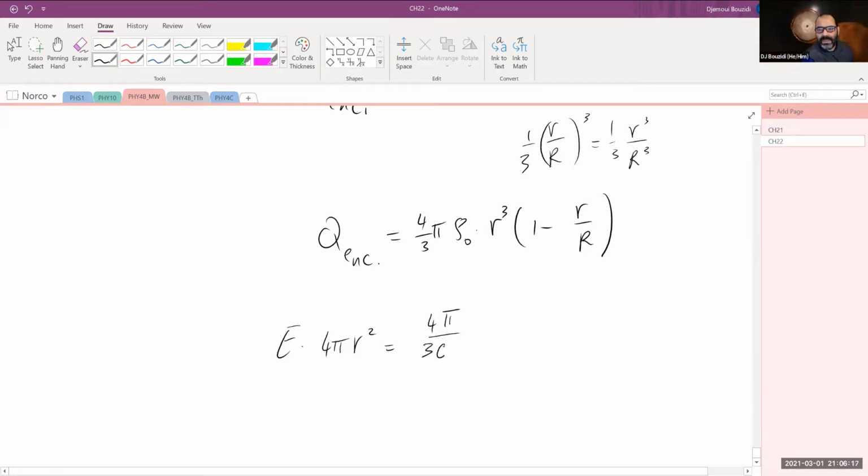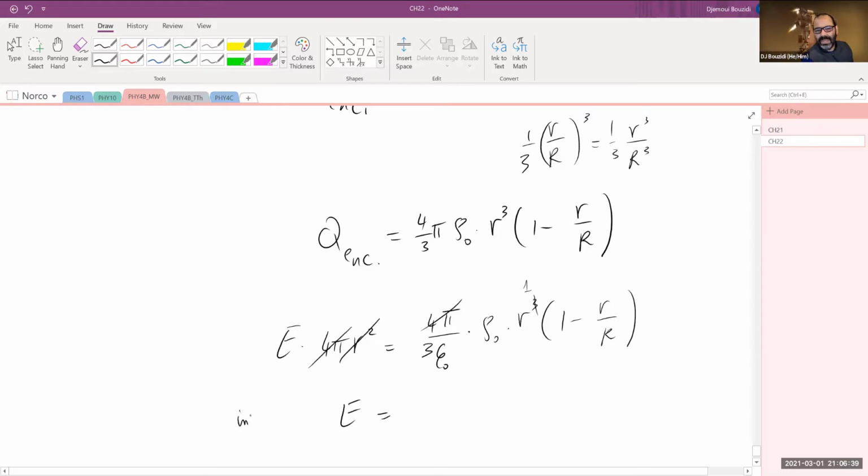So 4 pi over 3 epsilon naught times rho naught times r cubed times 1 minus r over R. And again, the r squared and this one cancels, so I'm left with the power of 1 in here, and the electric field inside is not 0. Inside is some power law, so it's equal to rho naught over 3 epsilon naught times r times 1 minus r over R. Okay, so this is the function that I'm looking at for the electric field as a function of r.